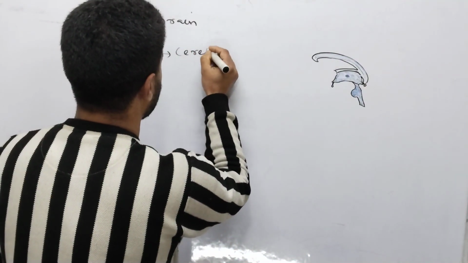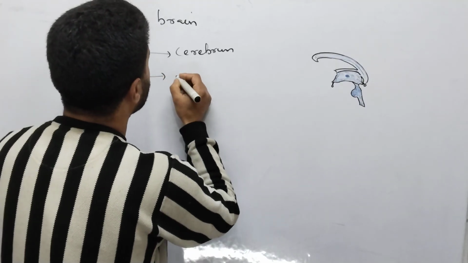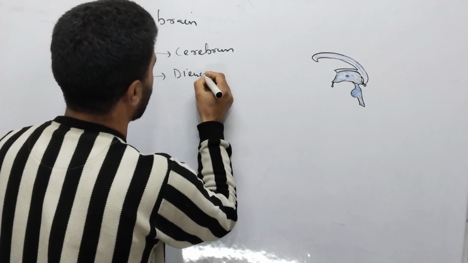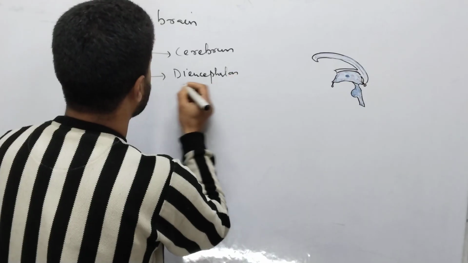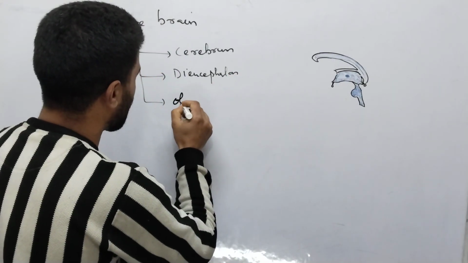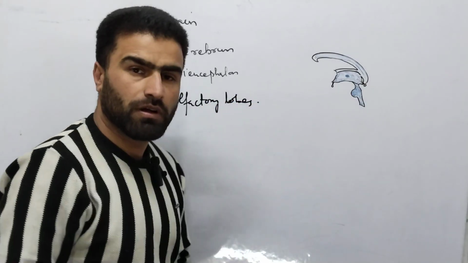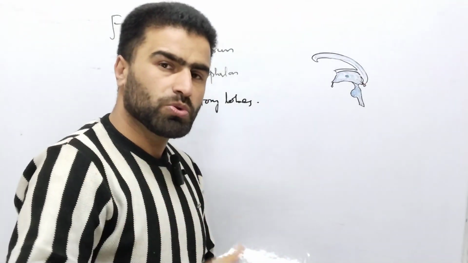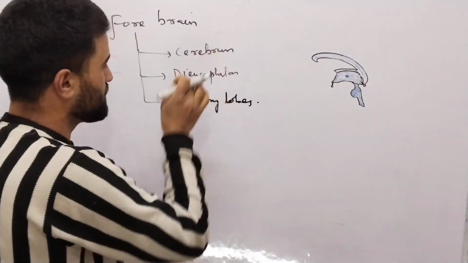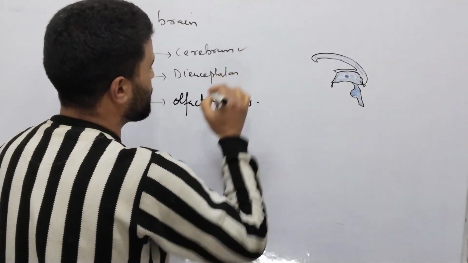One is the cerebrum, second is the diencephalon, and the third is the olfactory lobes. You can go through my lecture if you're not clear about the cerebrum, and you can find its functions and structure. So we are done with this.